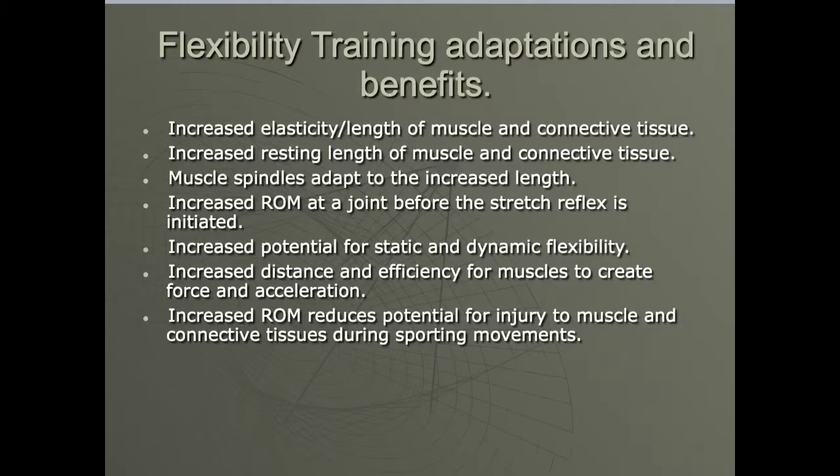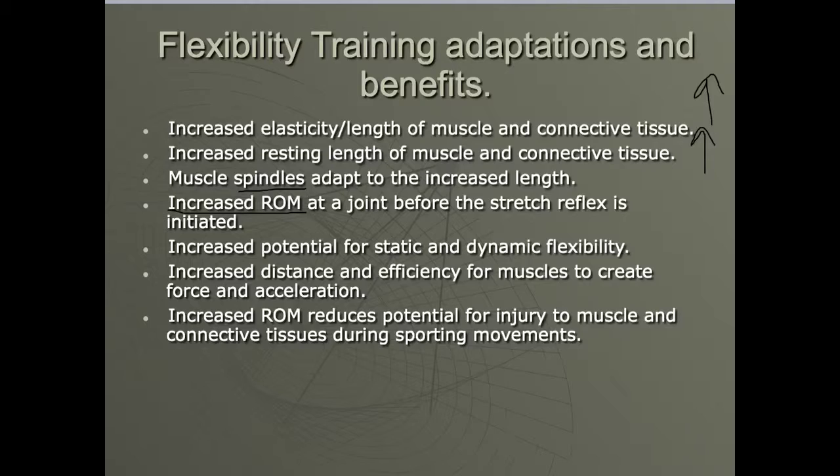Okay, so after a period of flexibility training, you can expect to see the following adaptations and benefits. So you get an increase in the elasticity and length of muscle and connective tissue, increased resting length of muscle and connective tissues. Muscle spindles adapt to their increased length, and you'll get an increased range of motion at the joint where you've been training.